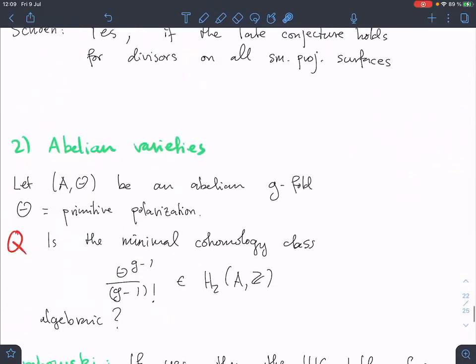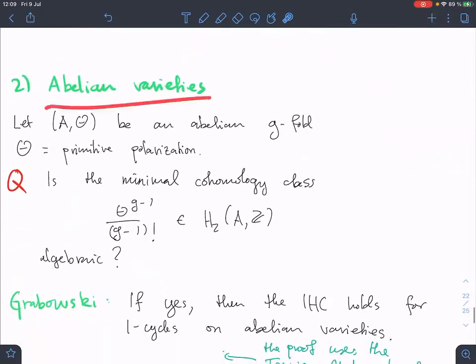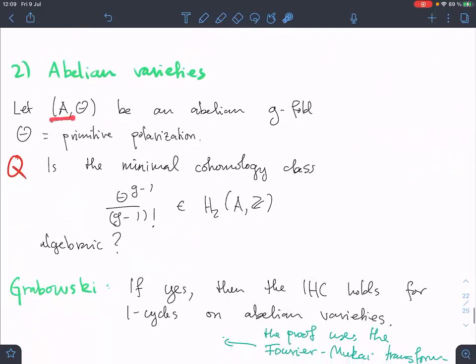Okay, and then we also had the case of abelian varieties that we saw earlier. If we have a polarized abelian g-fold, with a primitive polarization, then one can ask about the minimal cohomology class, which is theta to the power of g minus 1, divided by g minus 1 factorial. It turns out that this is an integral class.